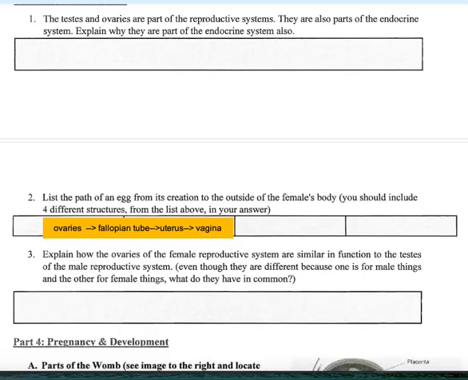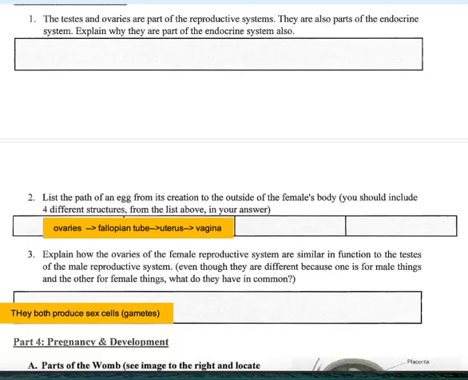Well, the ovaries are responsible for producing the eggs, and the testes are responsible for producing the sperm. So they both produce sex cells. These are called gametes.